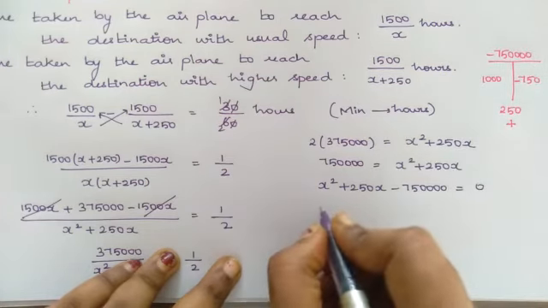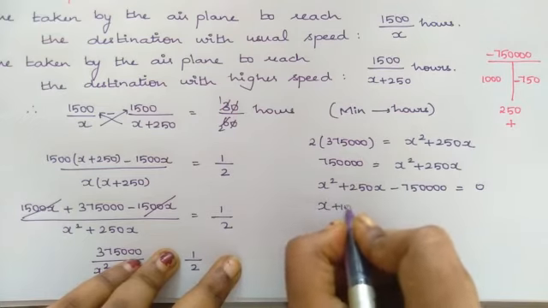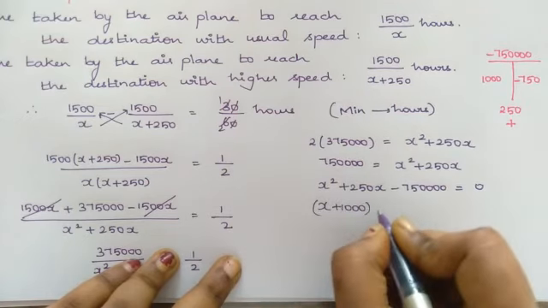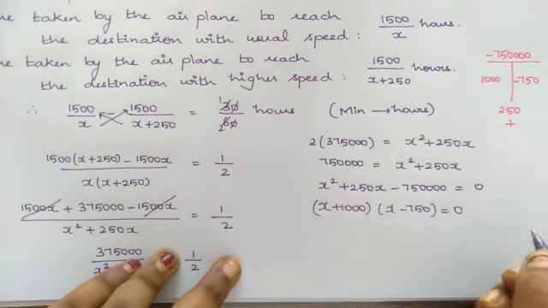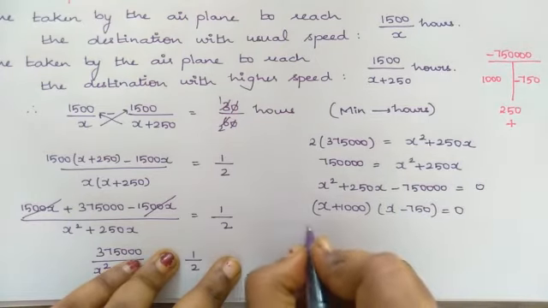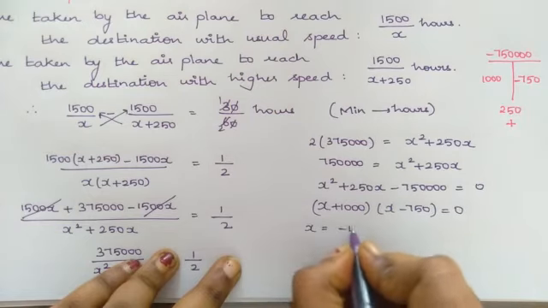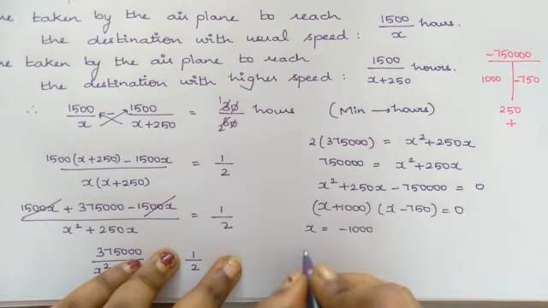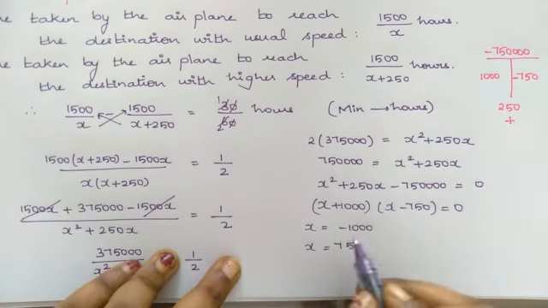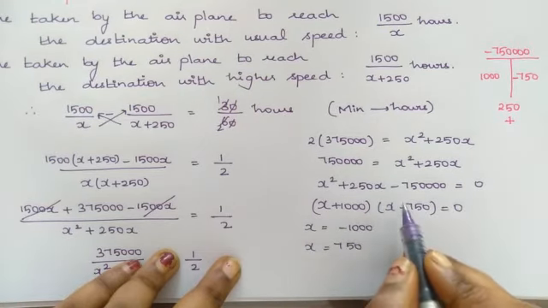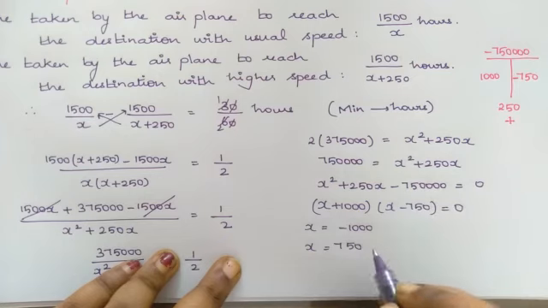So this will be x plus 1000 into x minus 750, which is equal to 0. From this, we can understand x is equal to minus 1000 and x is equal to plus 750. Plus 1000 comes to this side, minus 1000. Minus 750 comes to that side, plus 750.